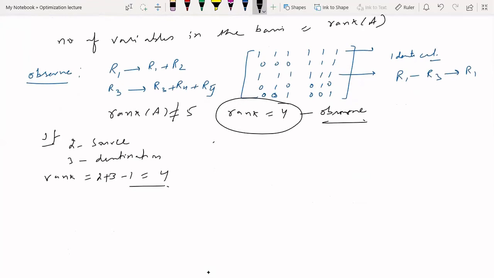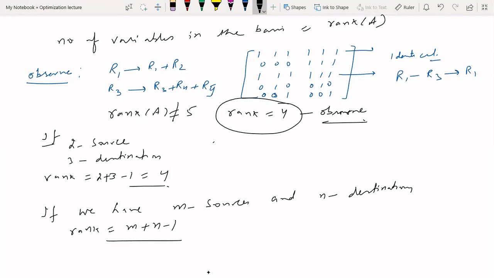So if we have m sources and n destinations, then the rank is the number of rows corresponding to the sources plus the rows corresponding to the destinations, m plus n minus 1.